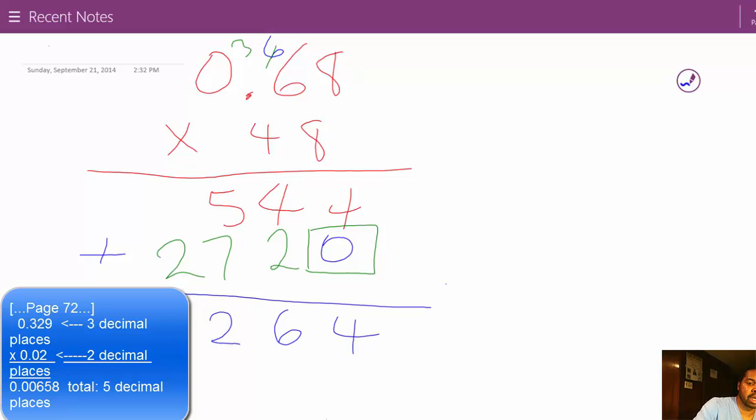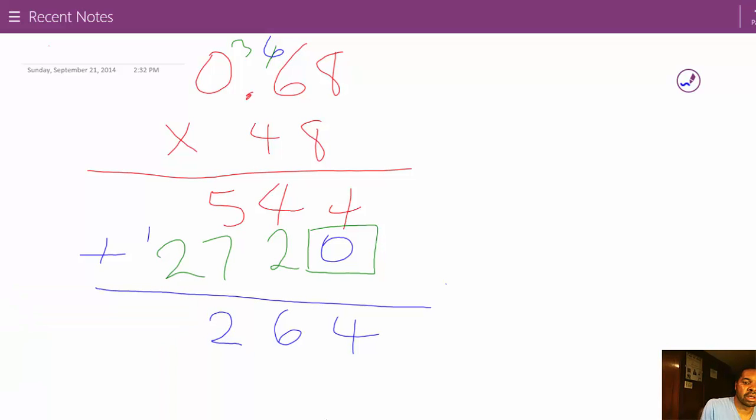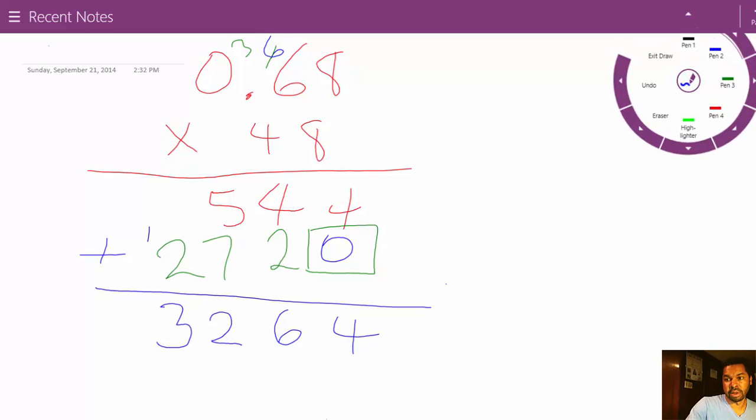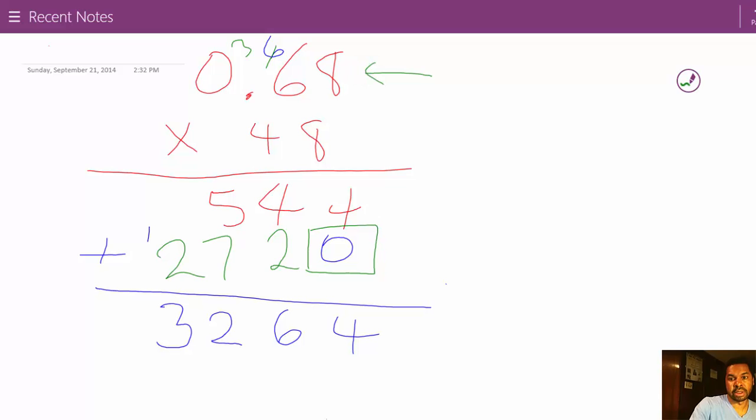Put a 2 down, carry the 1, and 1 and 2 is 3. So we're multiplying as if we're doing regular whole number multiplication. Now we're going to look at how many decimal places we have. If you notice here, this is 2 decimal places.